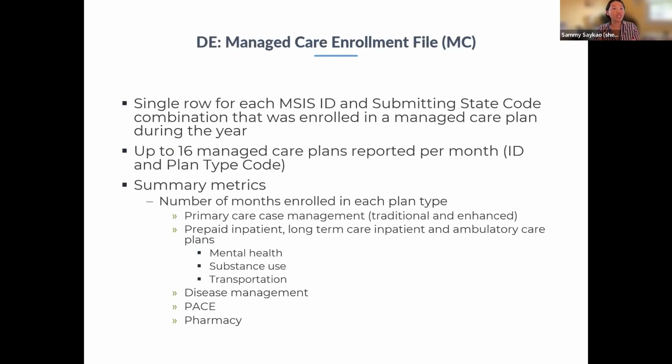You can see up to 16 plans, and each plan gets 12 variables, one for each month, for their plan ID and plan type code. In addition to this really detailed information, they do have summary metrics such as number of months enrolled at each plan type. And then I have a little list here of some of the plans that you can anticipate finding information on in the managed care enrollment file.